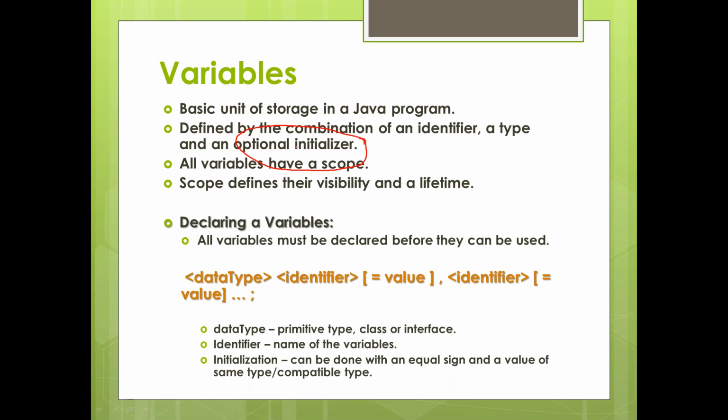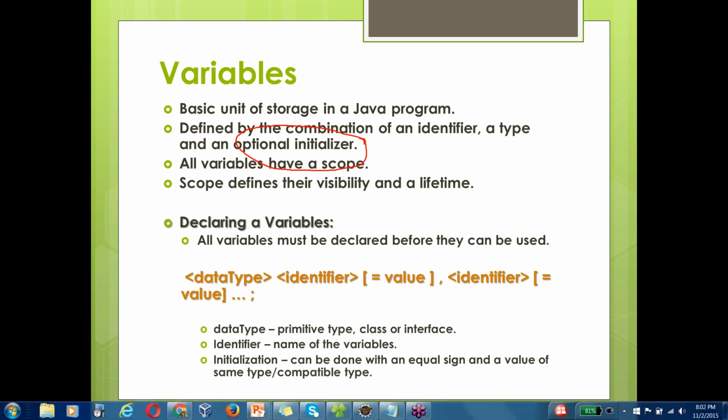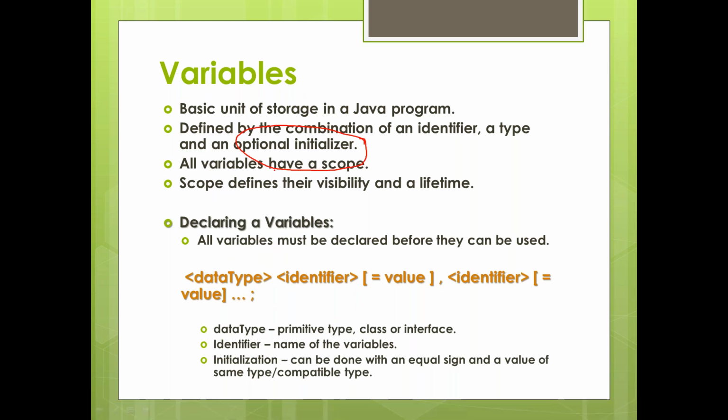Also, during the introduction I told you variables have a scope. They also have a lifetime. There are 2 important points which need to be remembered: one is the scope, and the other is the lifetime of a variable.